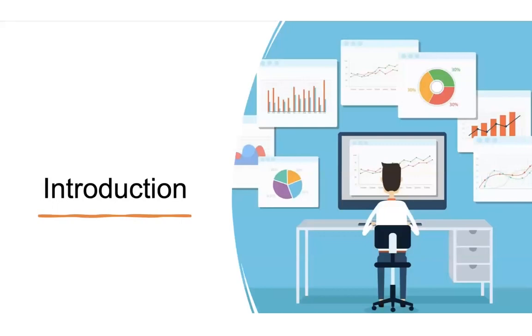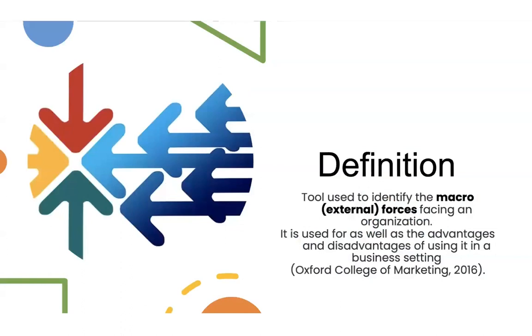So first of all, we have to have the vision and scope of what's going on outside, and more importantly, how I'm going to overcome and solve the situations that arise due to these aspects. Okay, so let's take a look at the definition of the PESTLE.